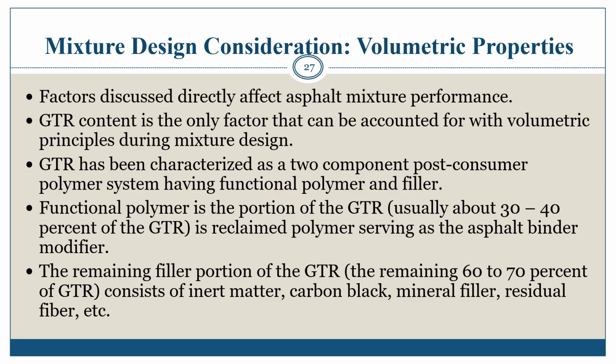Functional polymer is the portion of the GTR, usually about 30 to 40% of the GTR, that is reclaimed polymer serving as the asphalt binder modifier. The remaining filler portion of the GTR, the remaining 60 to 70%, consists of inert matter such as carbon black, mineral filler, residual fibers, etc.